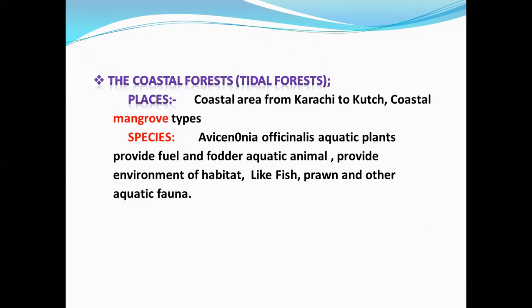These are also known as the coastal mangrove type, with trees of stunted growth. The main species are Avicennia officinalis and aquatic plants.